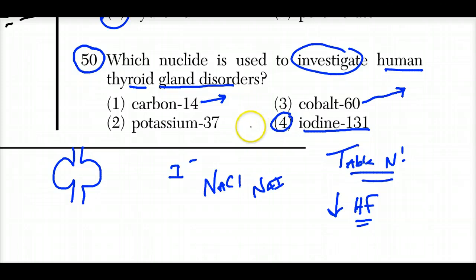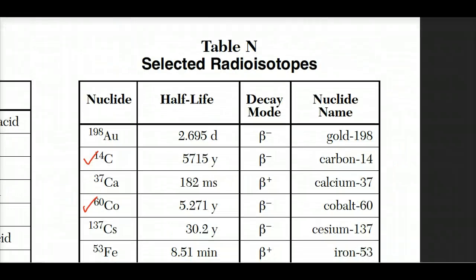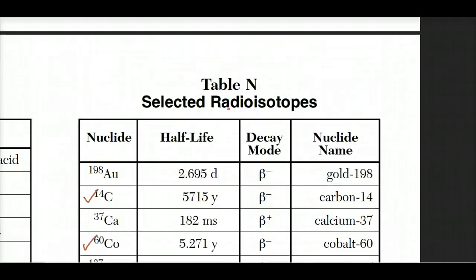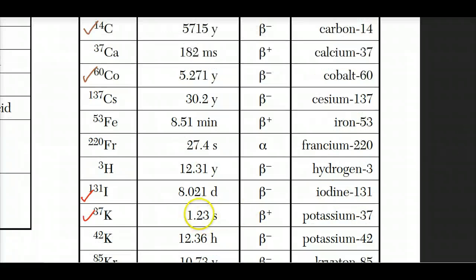So let's look at these elements in Table N and see who has the shortest half-life. So here is Table N, selected radioactive isotopes. Carbon-14, big half-life. Cobalt-60, a beta emitter, not something I want in my body, long half-life. Iodine-131, 8 days, that's cool.